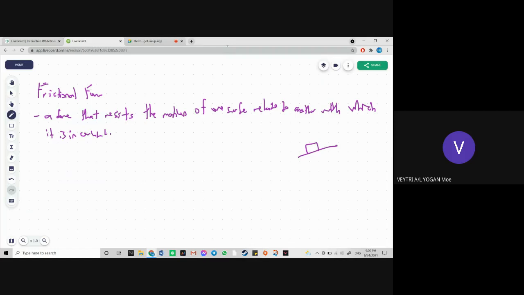Now let me just put on the keywords over here in blue color. Rough. The moment a question says the surface is rough, dalam ayat tu, surface A is rough, automatically frictional force akan hadir. But if the question says the surface is smooth, automatically there's no frictional force in that question.